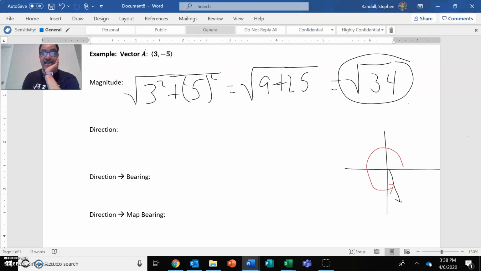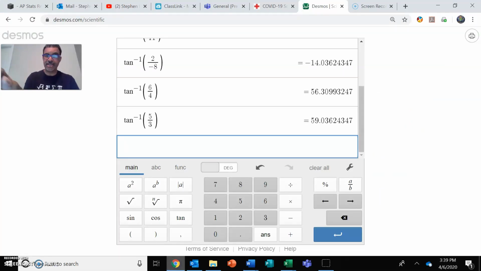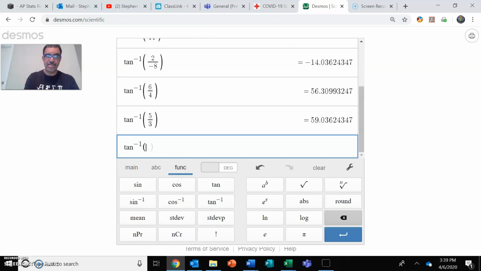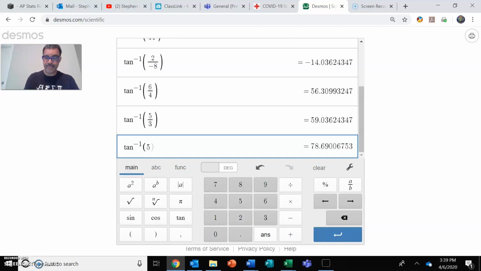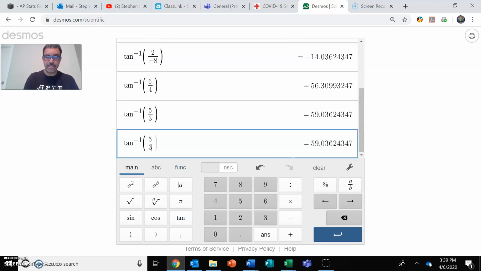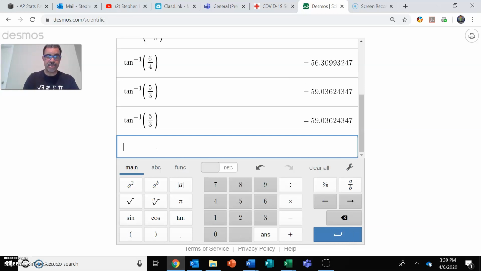But in order to find that, we do the tangent inverse of y over x, so 5 over 3. Go to our trusty dusty calculator, and we do function tangent inverse of 5 over 3, and we get 59 degrees.